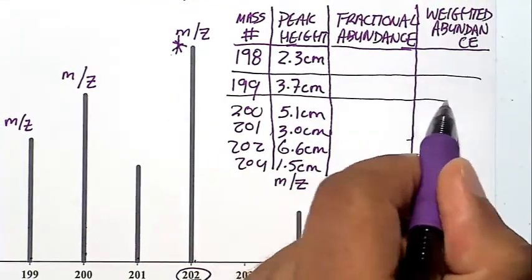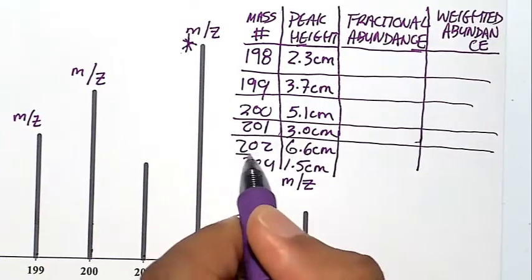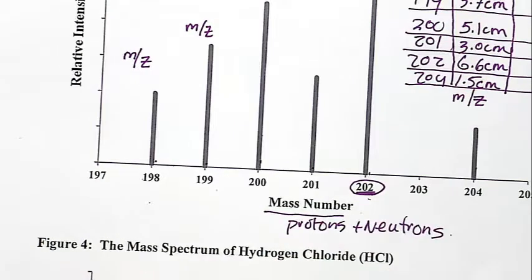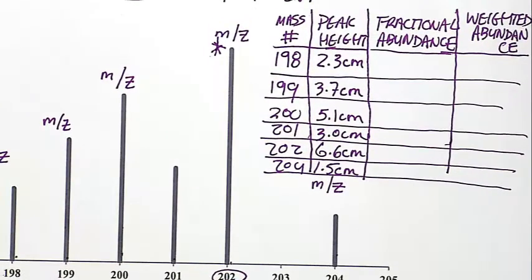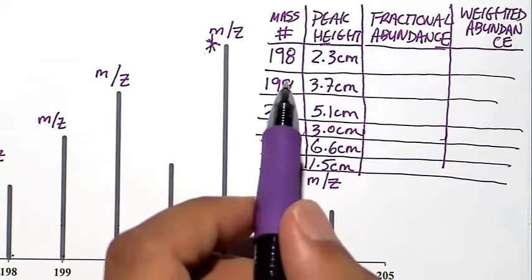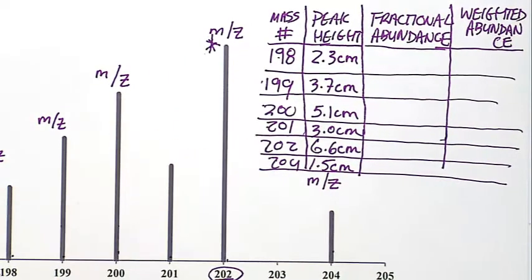So now I have my peak height. Each of the isotopes of mercury has its corresponding mass number, which is the number of protons plus neutrons. So now I'll determine the fractional abundance. Notice here that the element mercury has 1, 2, 3, 4, 5, 6 isotopes.